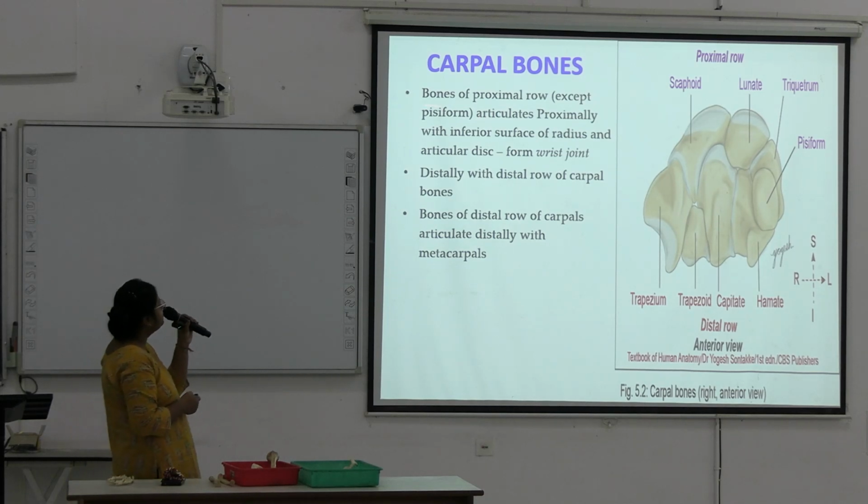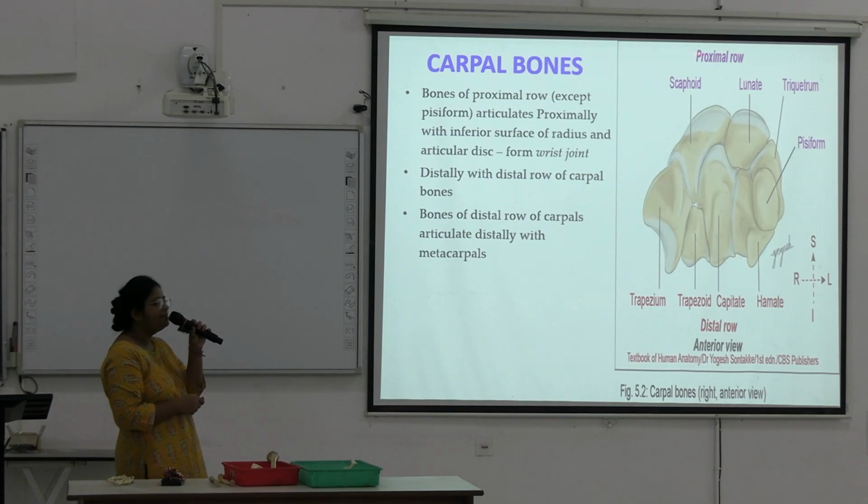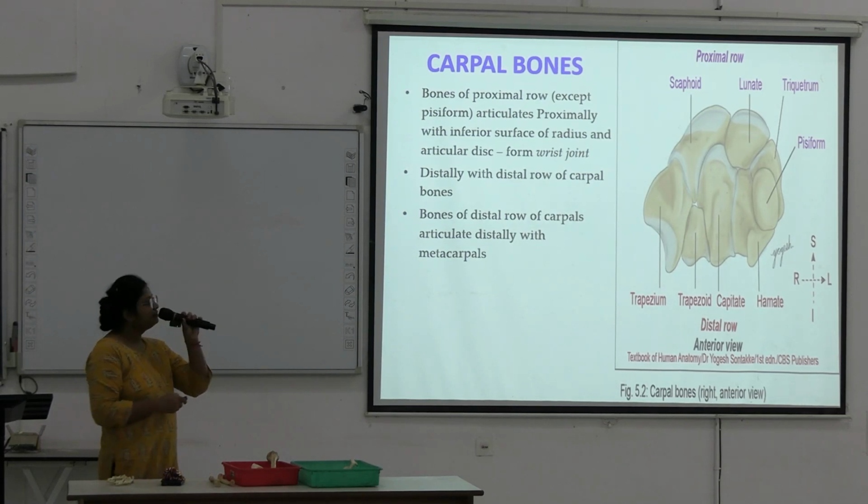The bones of the proximal row, except the pisiform, articulate proximally with the inferior surface of the radius and the articular disc and form the wrist joint. This is the pisiform; it does not take part in formation of the wrist joint.